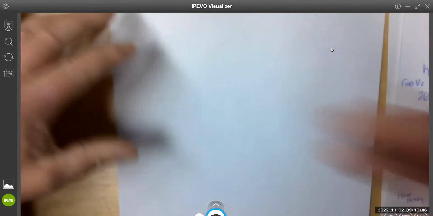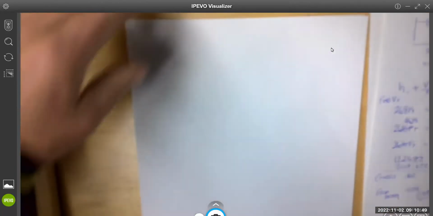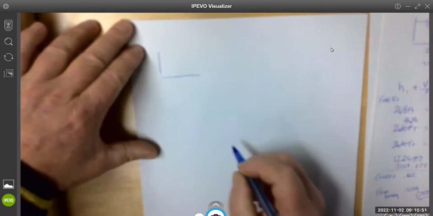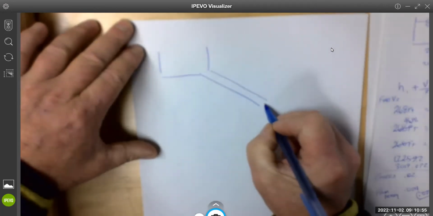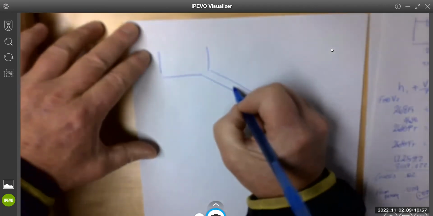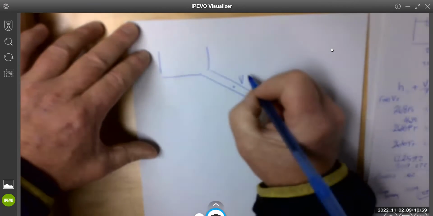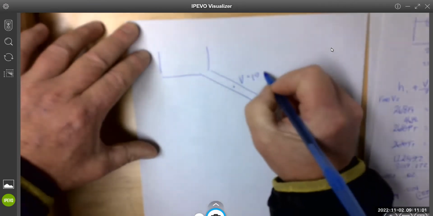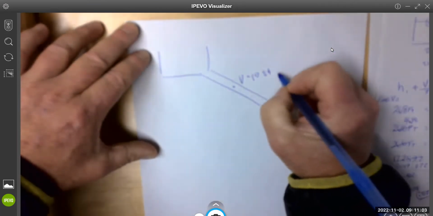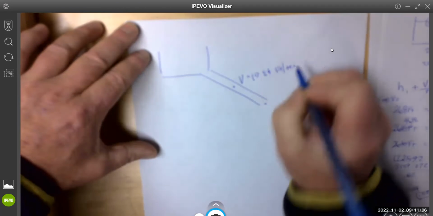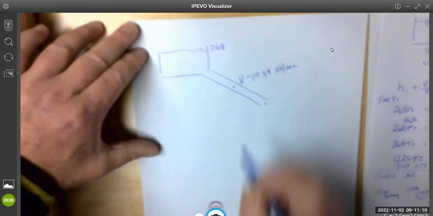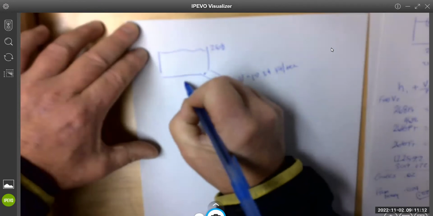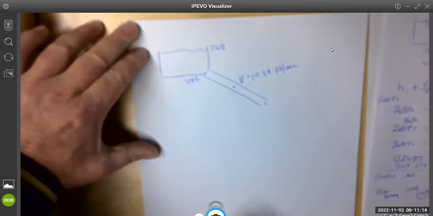So we have found a few things that we need. We know our velocity here is 19.84 feet per second. We know we're 268 at the top. We're 242 here.